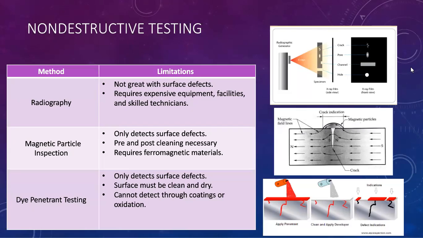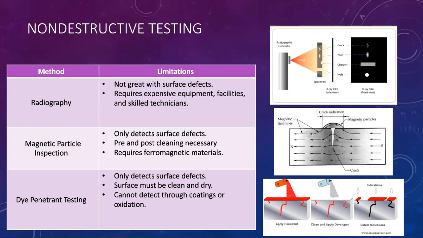So you can detect if there are cracks, defects, something wrong with that sample. This has limitations. It's not very good with surface defects, and it requires a lot of really expensive equipment, expensive technicians, expensive facilities, and also you can't just take this out into the field and test your object. You have to bring it to the lab, to that place. So it's not as applicable as they would like it to be.